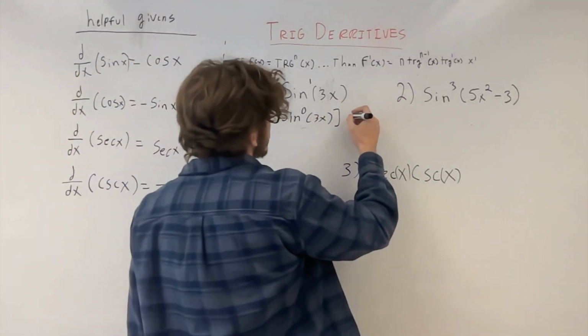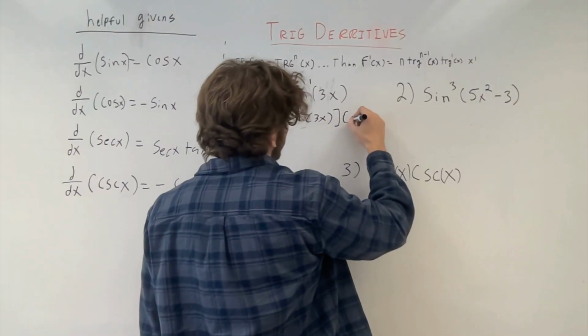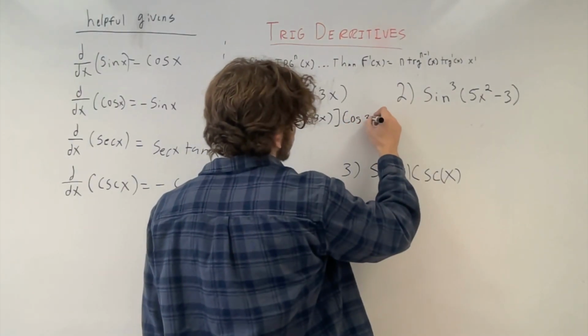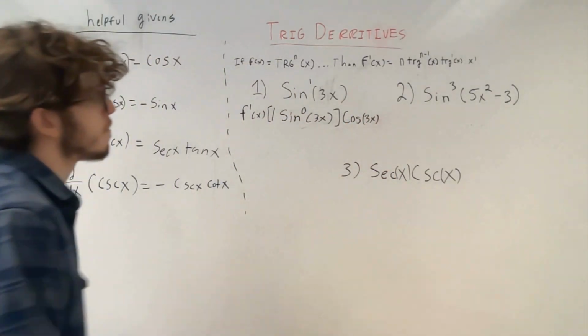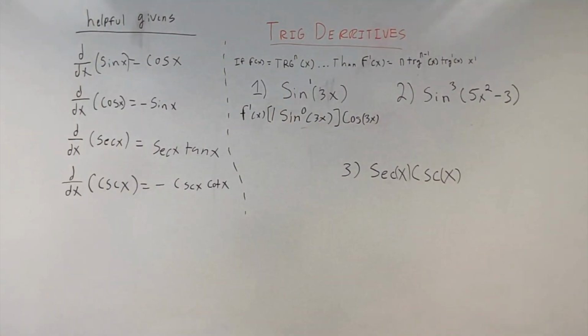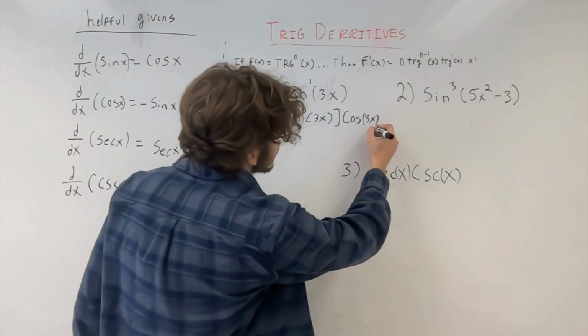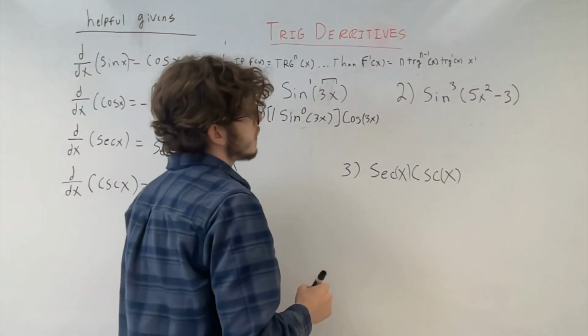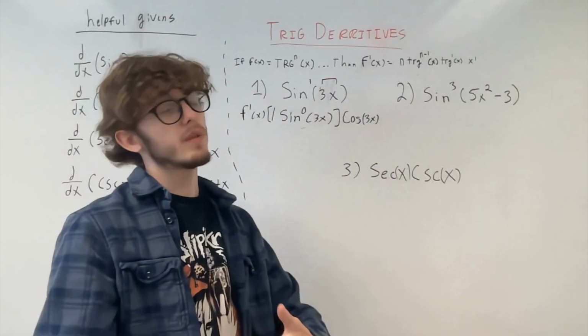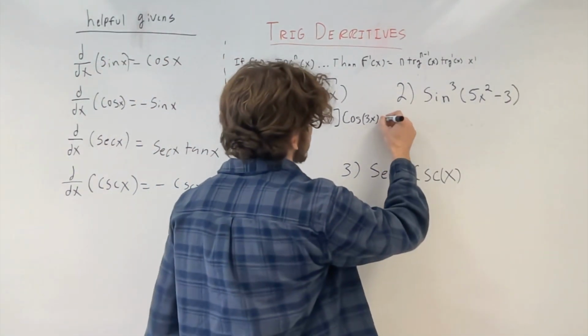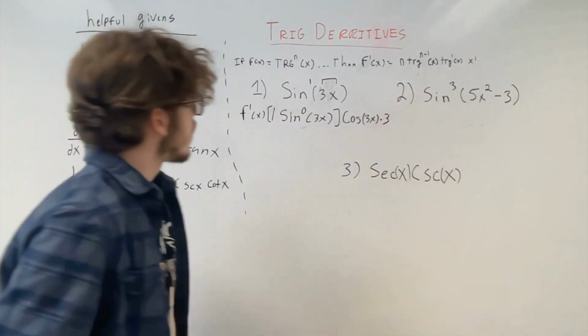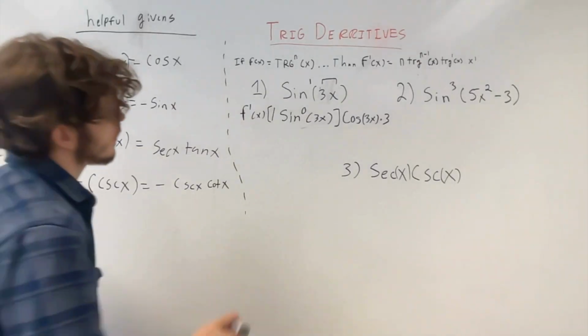So this is actually multiplying by cosine of 3x. We keep the inside portion the same. And then we take the derivative of the inside, the x term. Okay, so we go inside here, and we take the derivative of that. Well, the derivative of 3x is just 3, so it's times 3. Okay, now we can do some simplification of this.